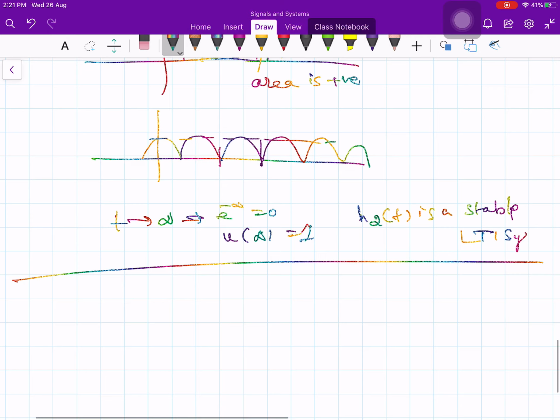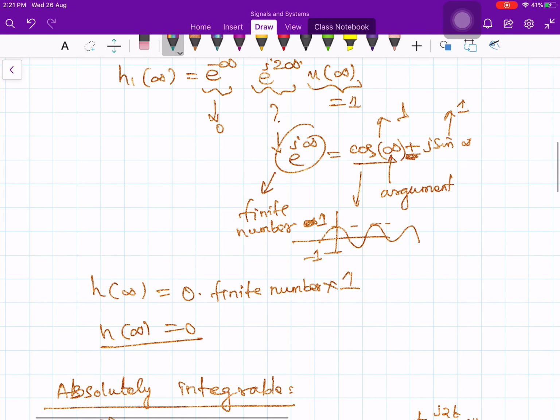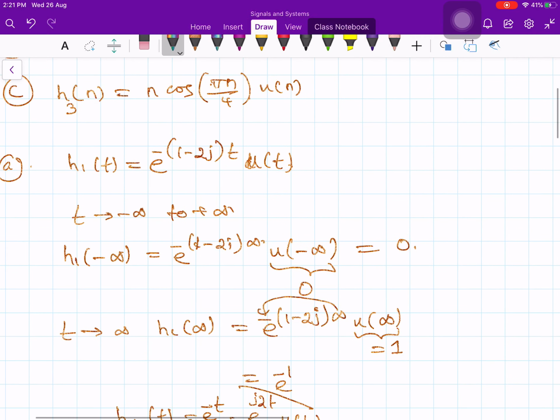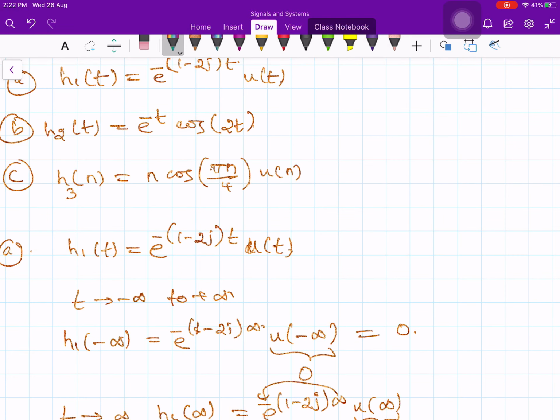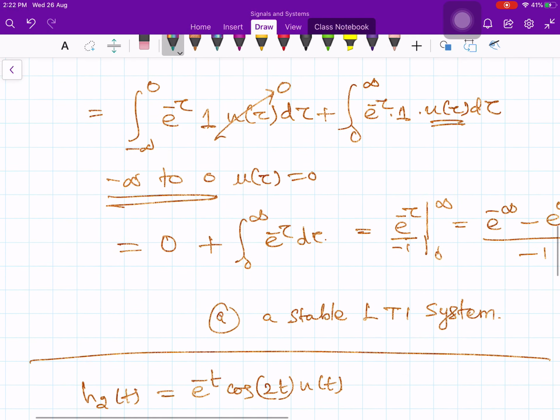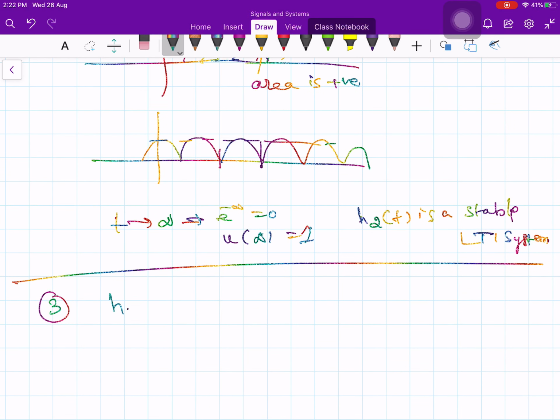Let me take the third example. The third one is, what did I give? n times cos of n pi by 4, right? Yes, n times cos of pi n by 4. h3 of n is equal to, now discrete time, n times cos of pi n by 4 u of n.